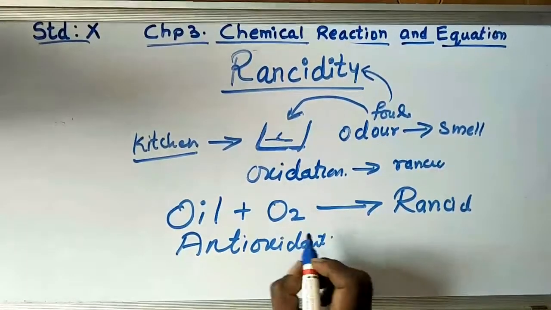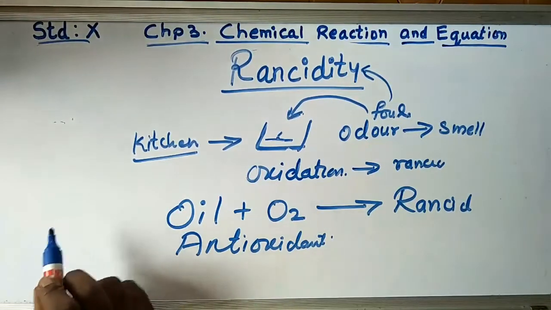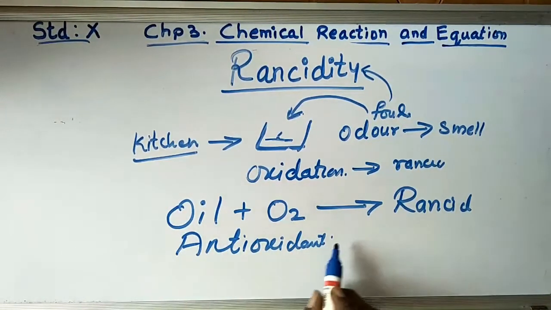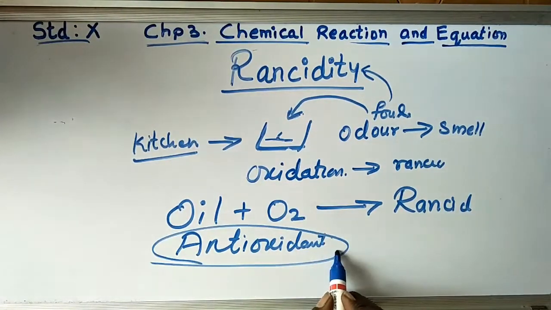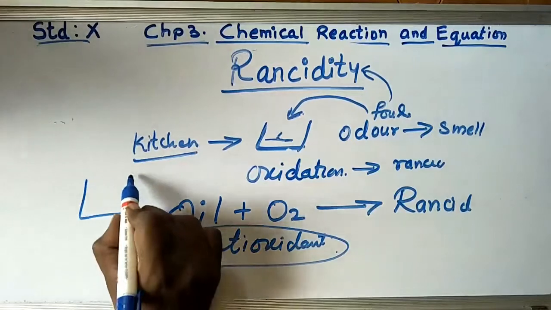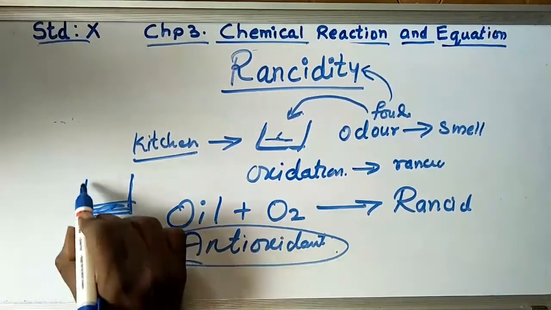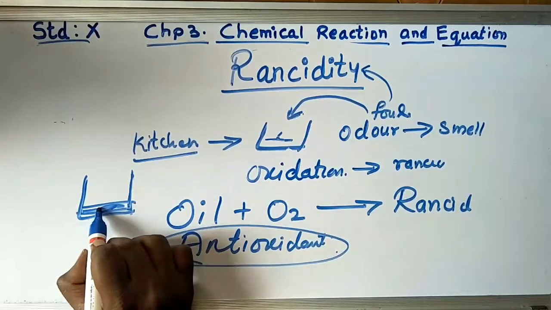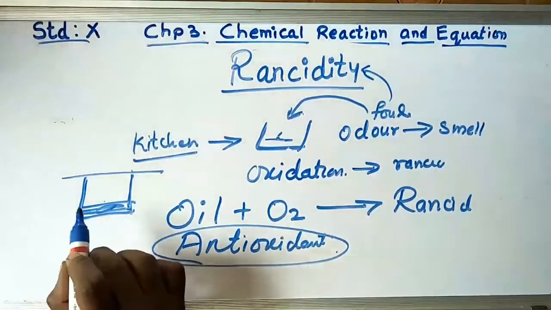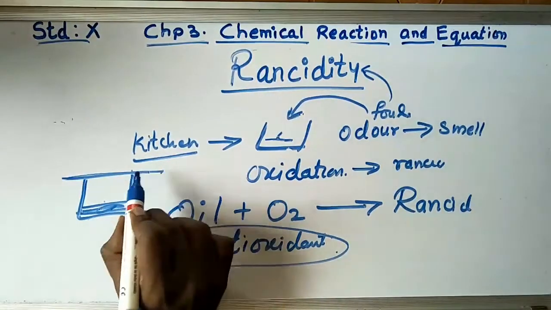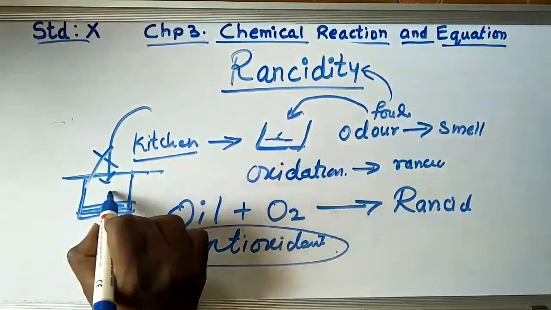The process of oxidation of foodstuff can also be slowed down by storing it in an airtight container. Antioxidant means without oxygen. So if you fry any food like pakoda, after frying it, you have to close the lid or keep it in an airtight container so that oxygen will not enter inside.